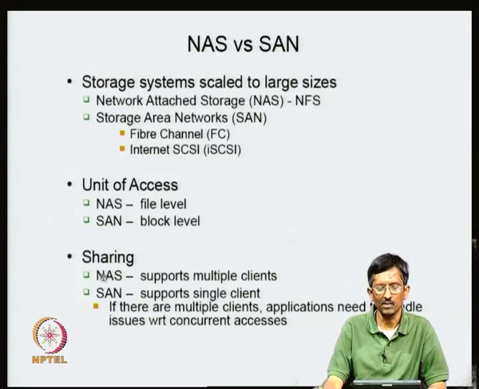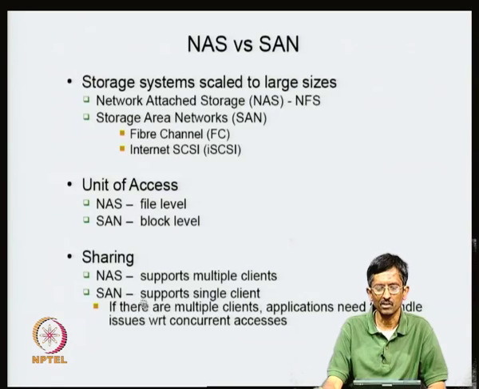For example, in sharing, network attached storage typically can support multiple clients because it is a file protocol. So, usually there is a file system involved. Because the file system is involved, the file system can take care of concurrent accesses. For a storage area network, typically it supports a single client. If you really want to make it handle multiple clients, then there has to be something elsewhere, either at the application level or somewhere else, that has to handle concurrent accesses.